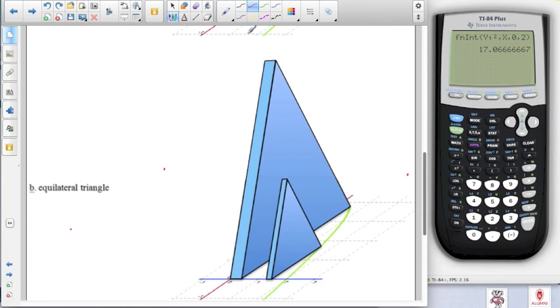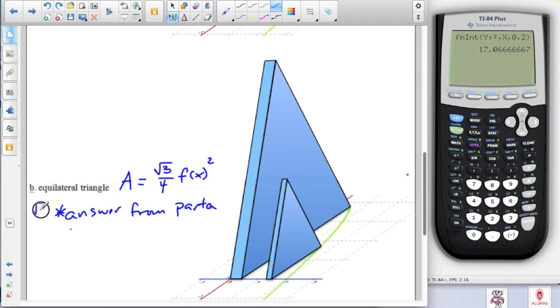Okay, so to get the volume of this equilateral triangle, we know that the expression for the area of an equilateral triangle is square root of 3 over 4 times the function squared. And so really, as a shortcut, since we've already integrated the function squared, we really could take the answer from part A and just multiply that times the square root of 3 over 4, because we've already integrated the function squared from 0 to 2.